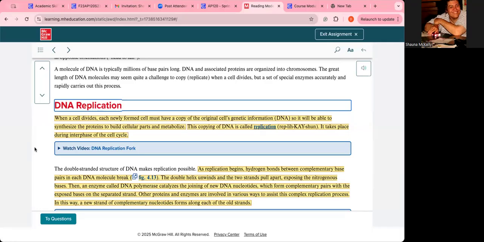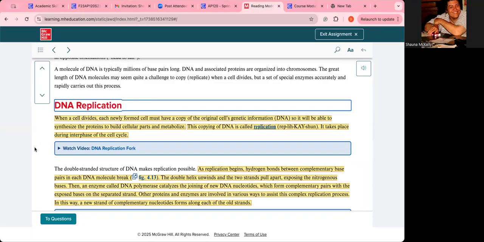Hydrogen bonds between complementary base pairs break.